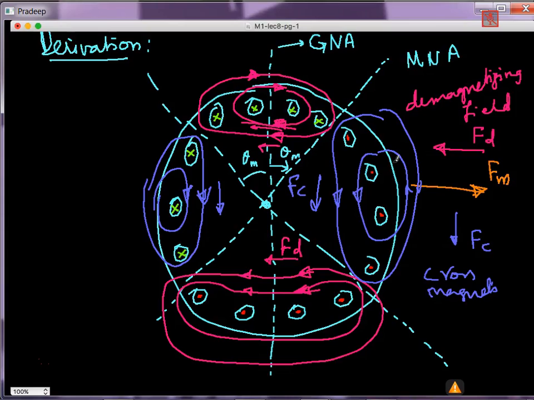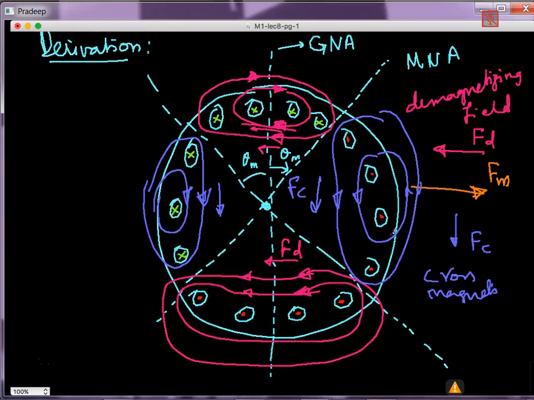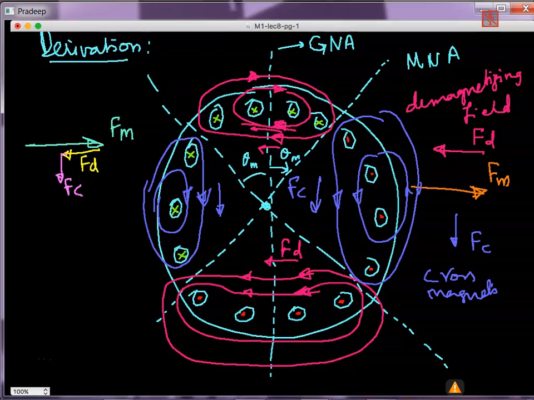So what is the total field? I have FM as the main field. From FM I subtract FD, then I add the cross magnetizing field. Finally you get the resultant field, FR.